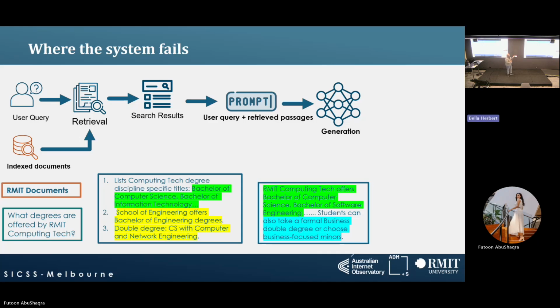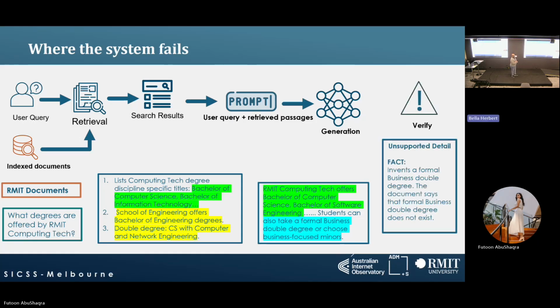So the LLM may have inferred that blue. Over there, can someone tell me what's wrong here? Yes, sure. Business.